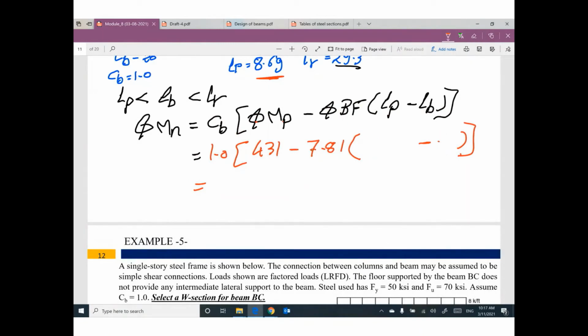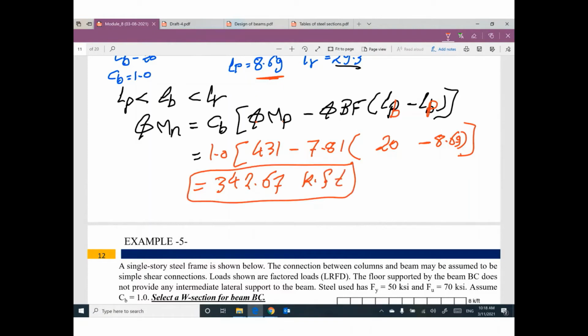So LB minus LP, 20 minus 8.69. This value will be 342.67 kb foot.